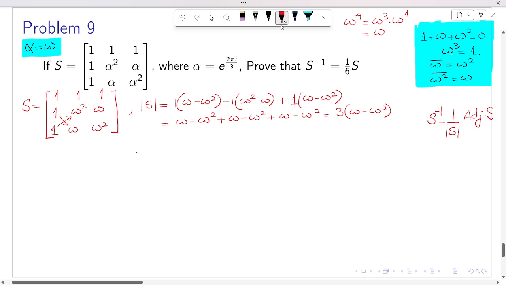Next, we need to calculate the adjoint. And we know what the adjoint of S is. Adjoint of S is the transpose of the matrix of cofactors. So first of all we need to calculate the cofactors.